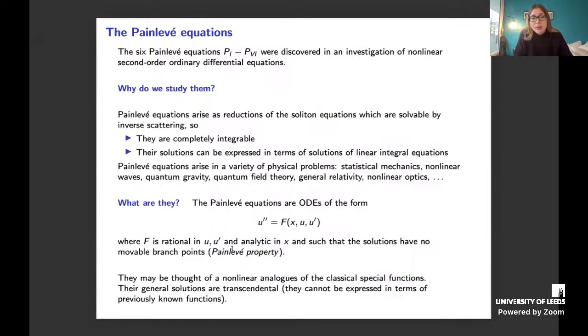Because the Painlevé equations can be thought of as a nonlinear analog of classical special functions, but their solutions are transcendental in the sense that you cannot express them in terms of previously known functions. Even if for some cases you can introduce a parameter in this equation, and for some special cases you can have rational solutions or solutions in terms of special functions.